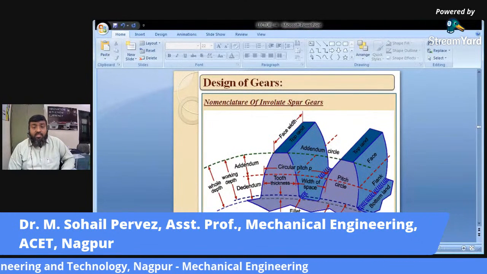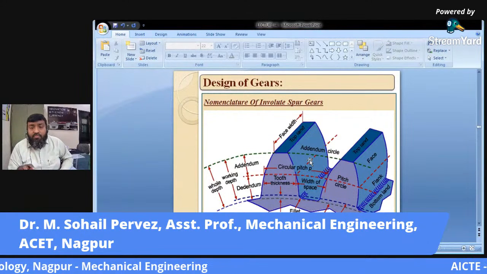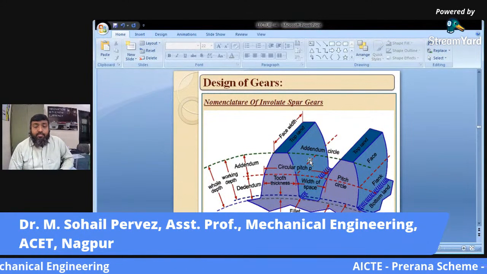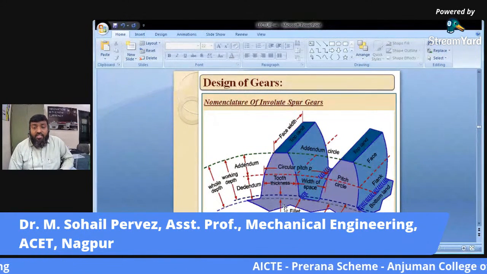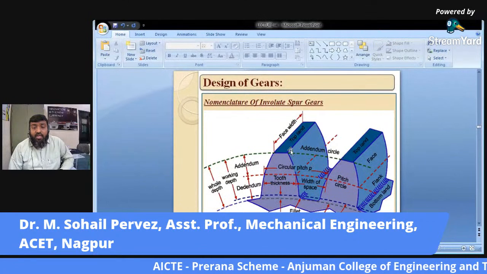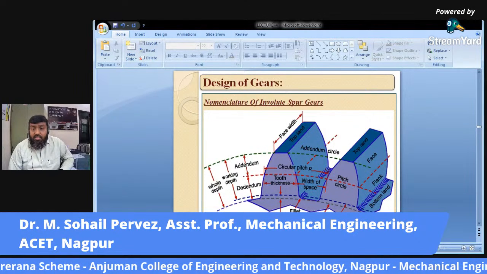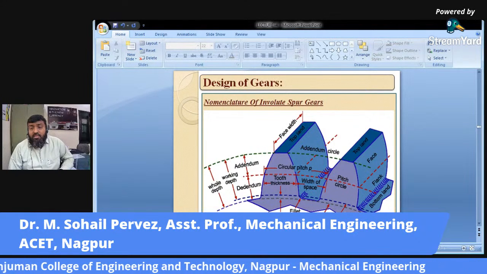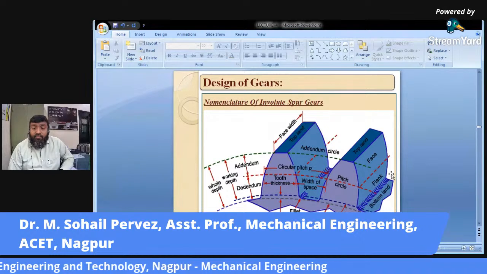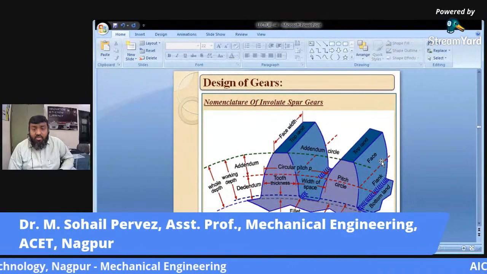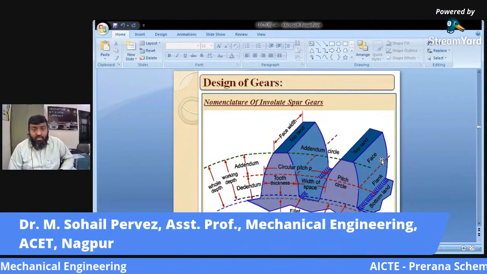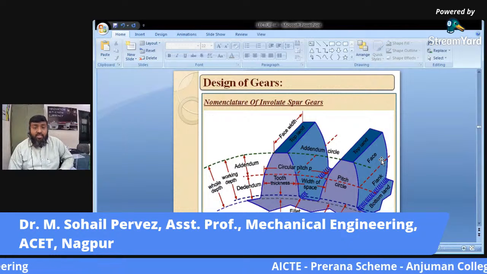So this is the basic diagram of gear teeth, wherein there is a face width. This is the addendum and dedendum. You all know this, but the most important parts are the flank and the face, because we calculate face width also. Yes, it is one of the parameters.